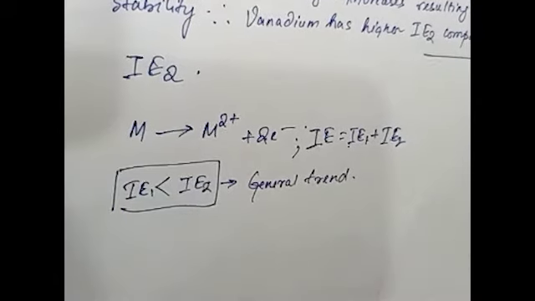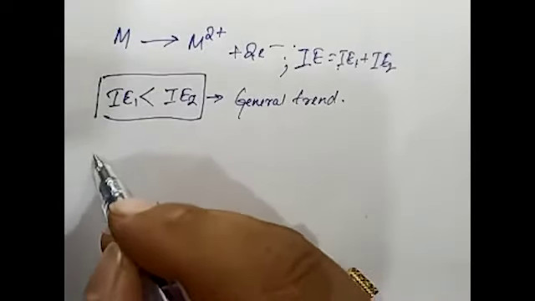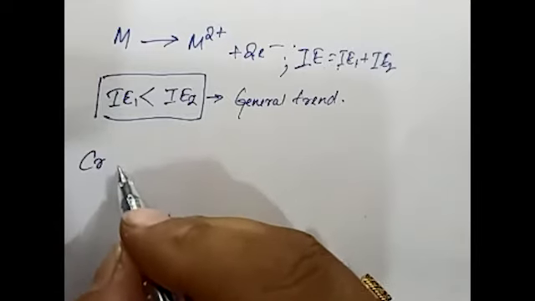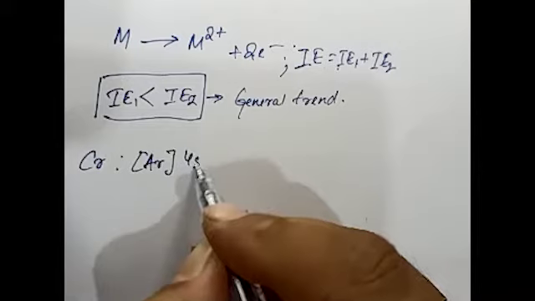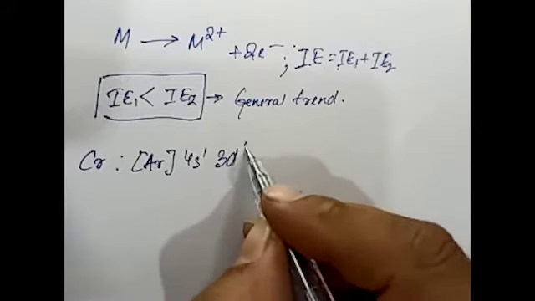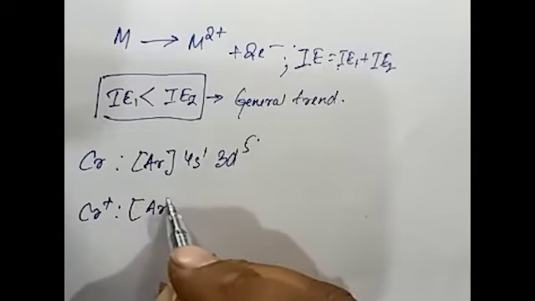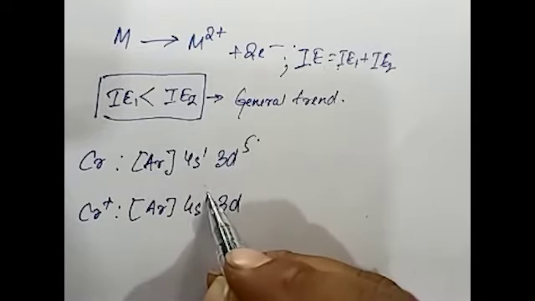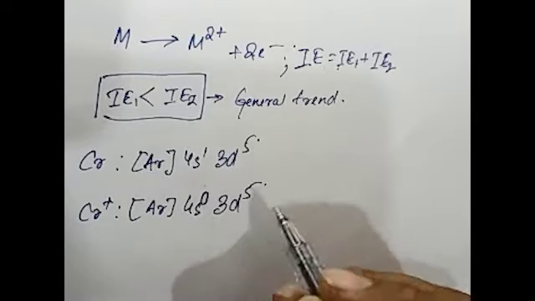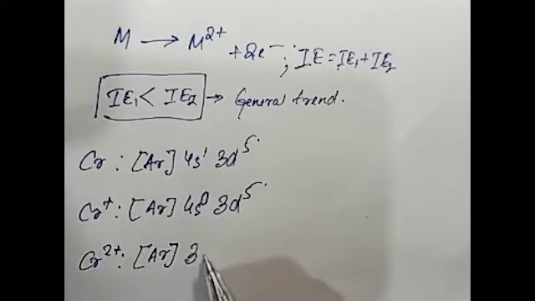So let us see, for example, chromium. Chromium is argon 4s1 3d5. Chromium plus is argon 4s0 3d5. Cr2 plus, you can see that it is argon 3d4.